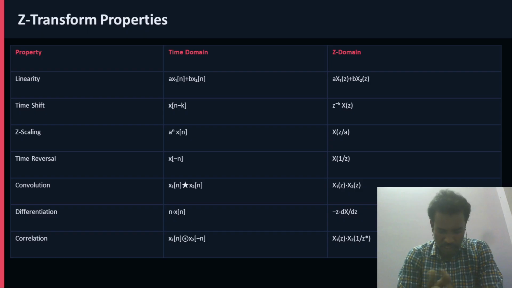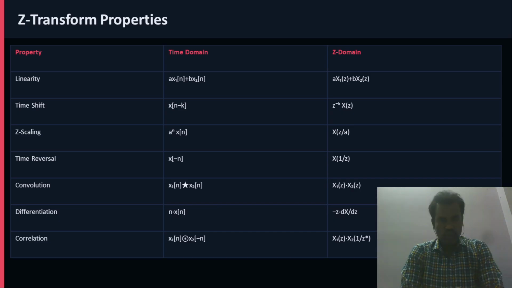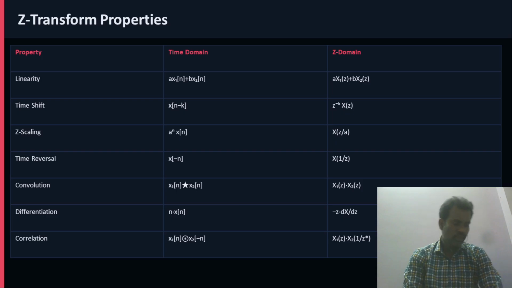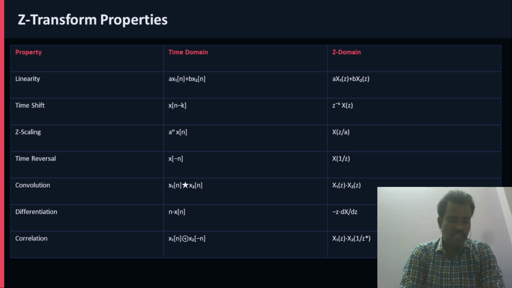Linearity means again the superposition concept. If it satisfies the superposition principle, it is easy to find the transform for a combination of multiple signals. If you know the individual transforms, you can find it for a complex signal by simply adding the signal spectrums and multiplying with the constants.